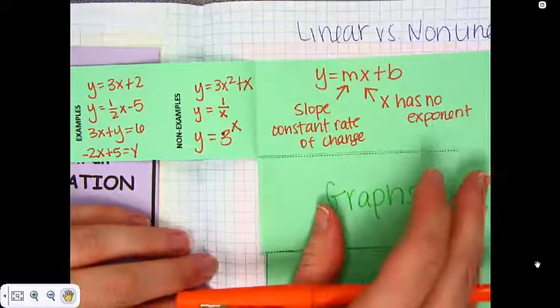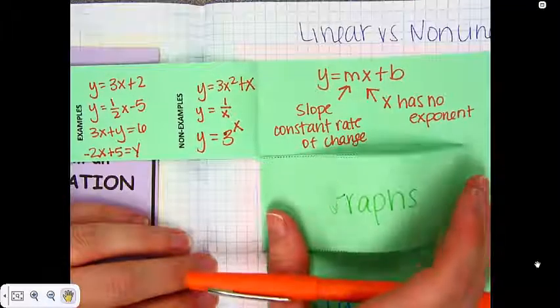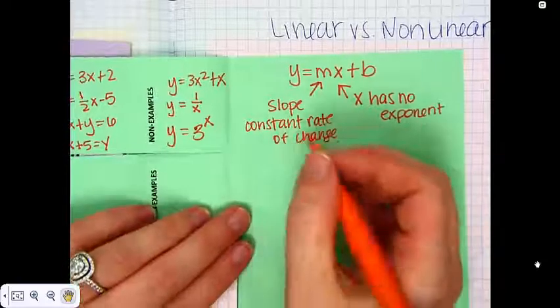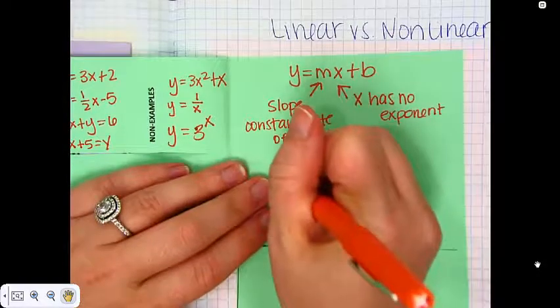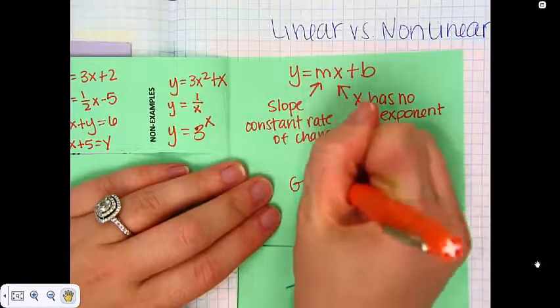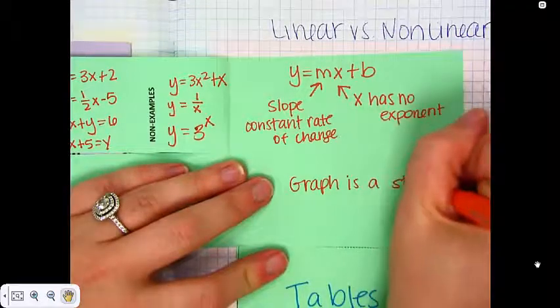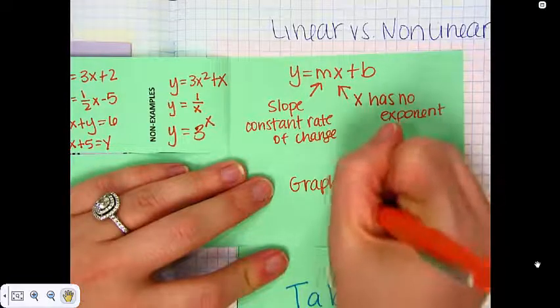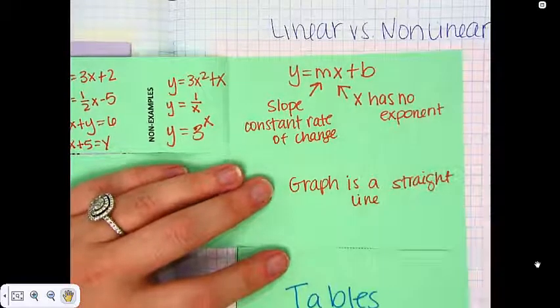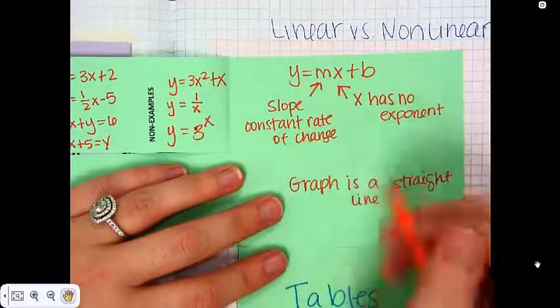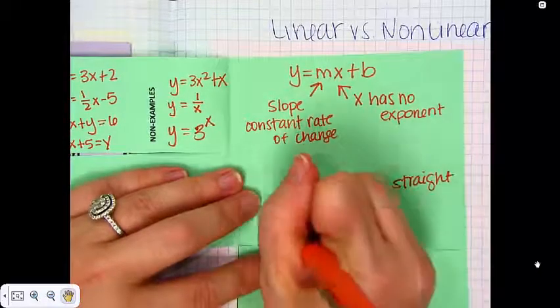Next, let's talk about graphs. We already know from our linear parent function discussion that linear functions create graphs that are straight lines. And the reason that the line is straight is, again, because we have a constant rate of change.